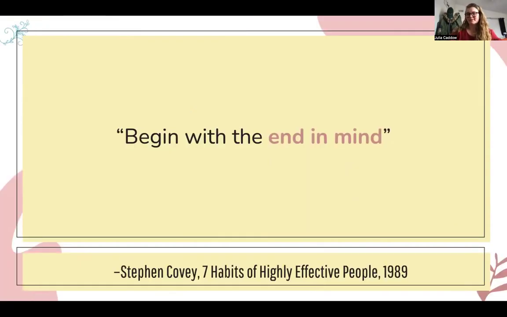It's like Stephen Covey says in his book, 7 Habits of Highly Effective People: begin with the end in mind. Whether you want to be healthy, maybe your goal is to lose weight, or maybe your goal is to build muscle, either way, you need to look at what the outcome is. What does it mean to be healthy to me?